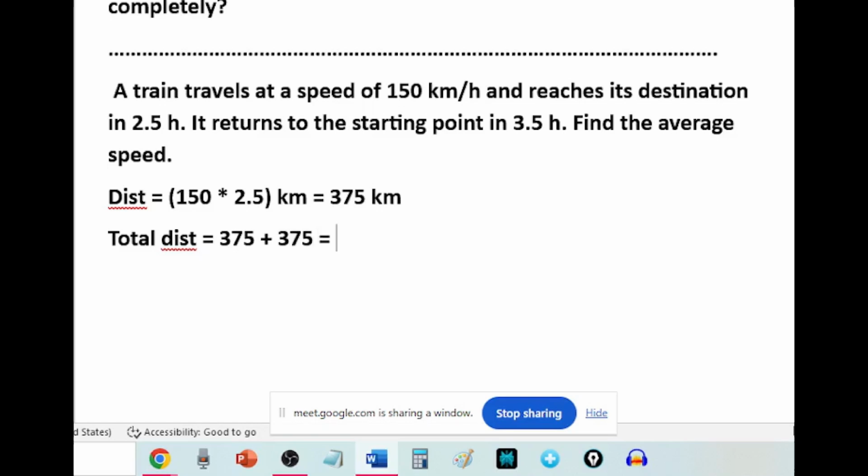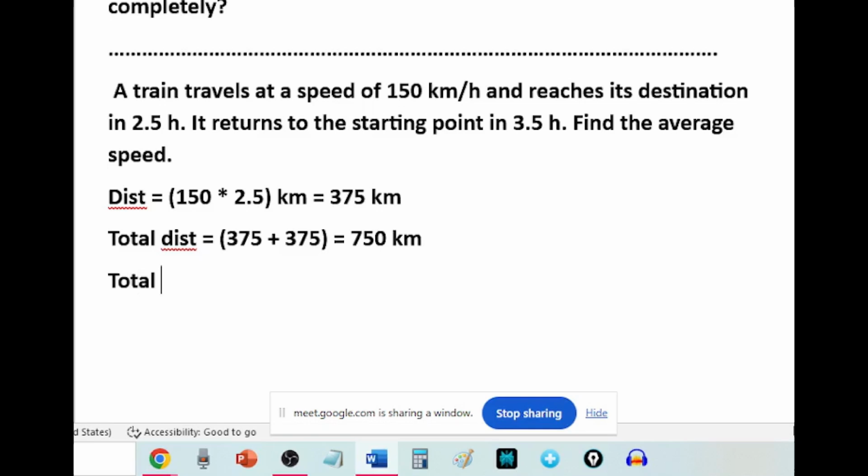That means equal to 750 kilometers. See, up to this okay? Why 375 plus 375? Going 375 and coming back 375. So total. Now total time.